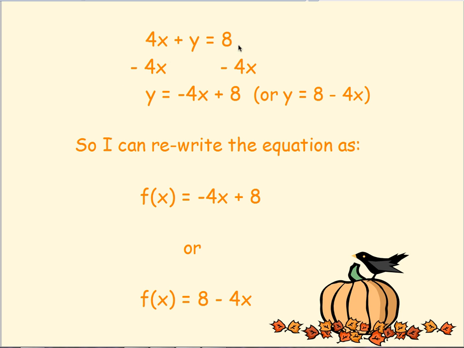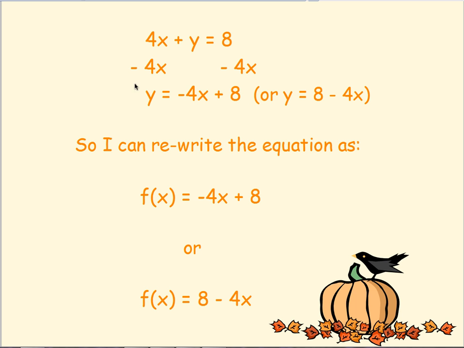So here I have 4x plus y equals 8. Y is being added. Okay, so remember, y is being added to 4x to equal 8. When I do that in reverse, 8 will now be subtracted by 4x, or 4x will be subtracted from 8, to give me my equation.